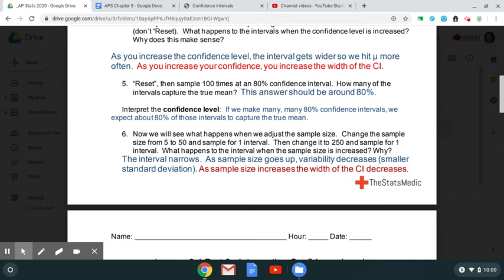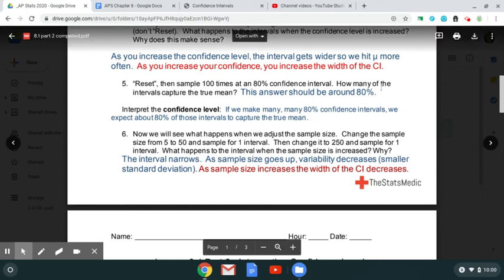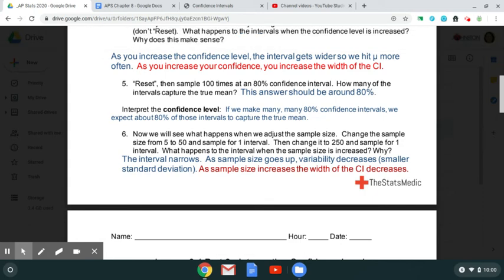So here is the interpretation for a confidence level. If we make many 80% confidence intervals, we expect about 80% of those intervals to capture the true mean. That's what that 80% means. That's what the percent for your confidence interval actually means: if we were to create confidence intervals many times, then 80% of those intervals would capture the true mean.